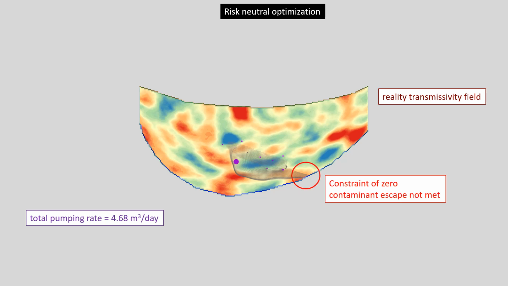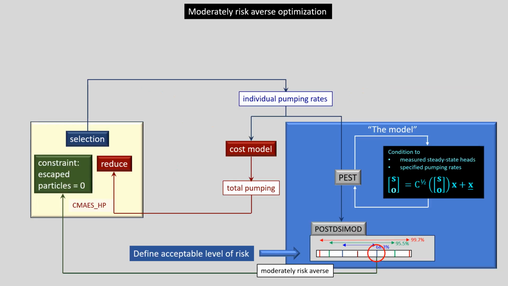So, I have not achieved my goal, my management objective. So let's repeat the process. And this time, the outcome of the model that I'm using as the constraint in my constrained minimization process is the number of particles that reach that southern model boundary at the upper end of the 68% confidence level.